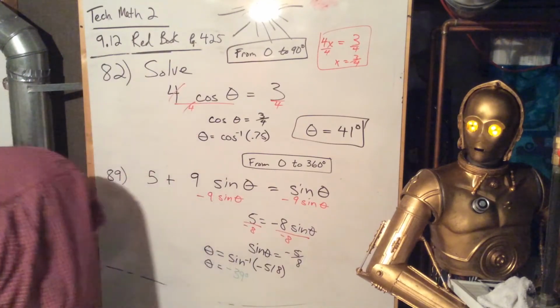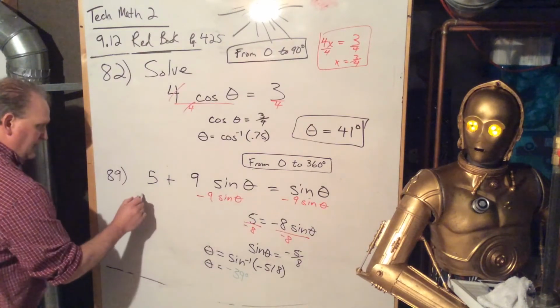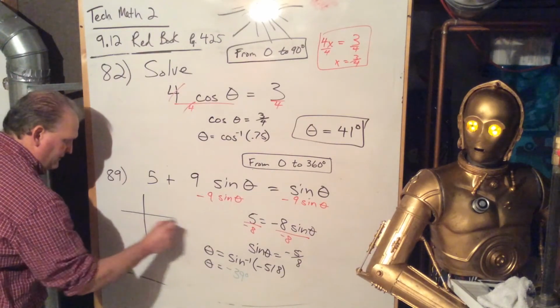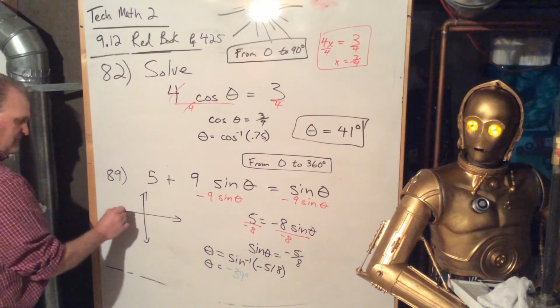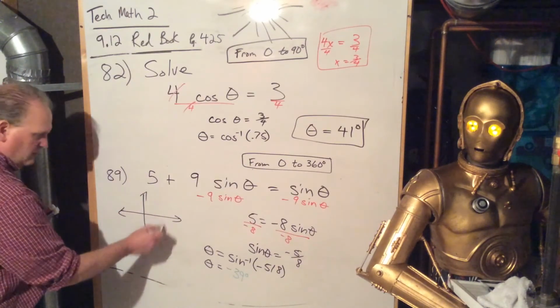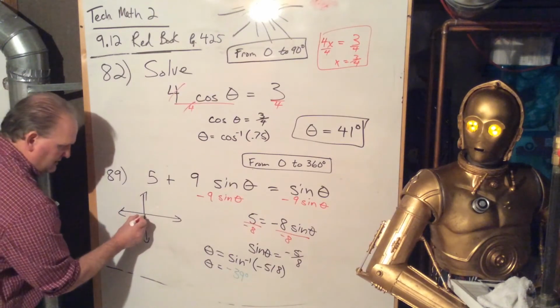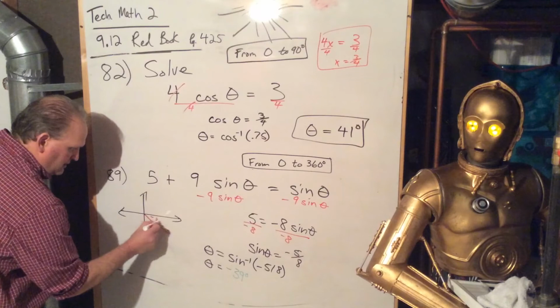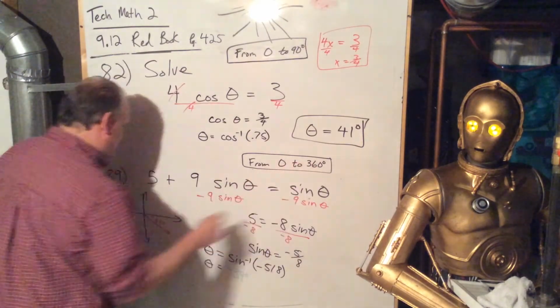So that's a really weird way, negative 39 degrees, of saying, let's graph that. Remember how negative angles work. Instead of going counterclockwise like we do with normal angles, we go clockwise. So negative 39 degrees is right here, but they want it from 0 to 360.